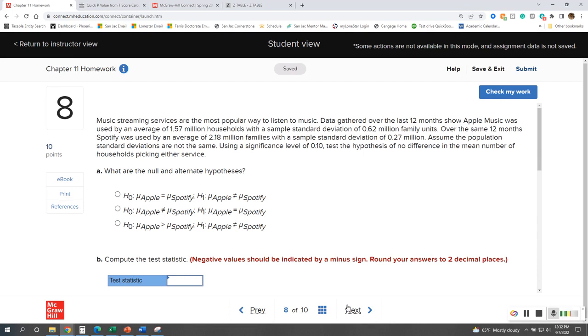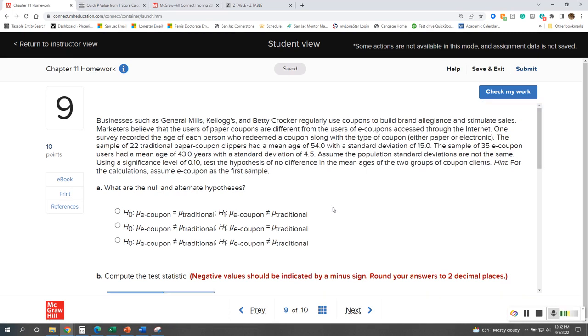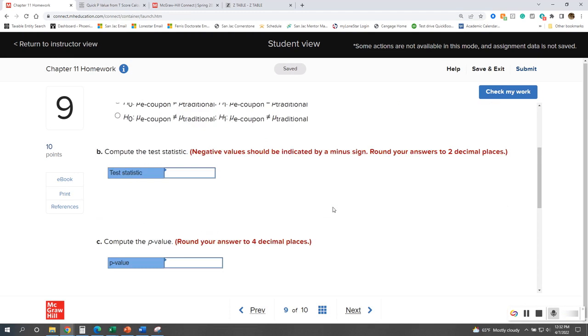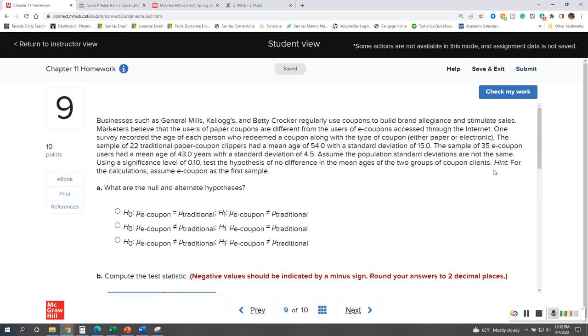So we're going to go ahead and see what question 9 has, because I know I've gone quite a bit. So it looks like question 9. Yeah, again, we're looking at not the same, so they're not equal.